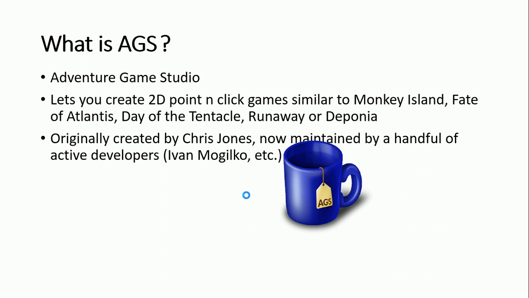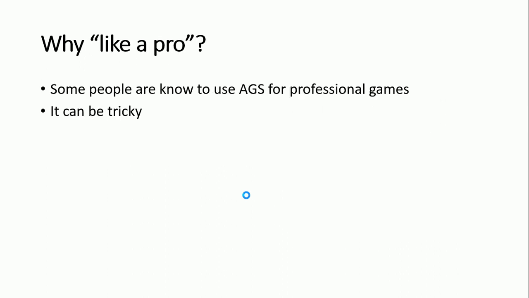He made an amazing work, and nowadays, since it went open source several years ago, it is maintained by a handful of active developers like Ivan Mojilko and others, so kudos to them. Why do we say like a pro? AGS is freeware, so most people use it to make freeware games. People like fans or enthusiasts, point-and-click enthusiasts.